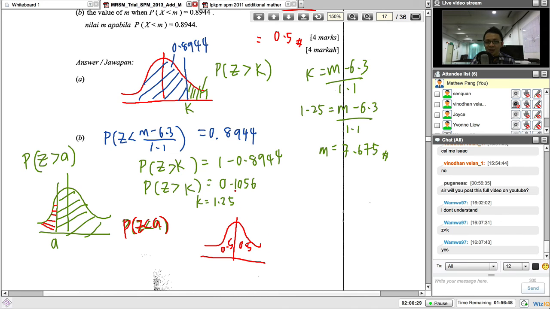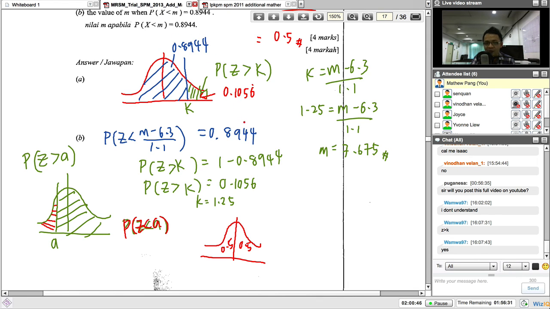So I use 1 minus the blue color zone, then I can get the green color zone, which is 0.1056. Because this number plus this number, I will get 1.